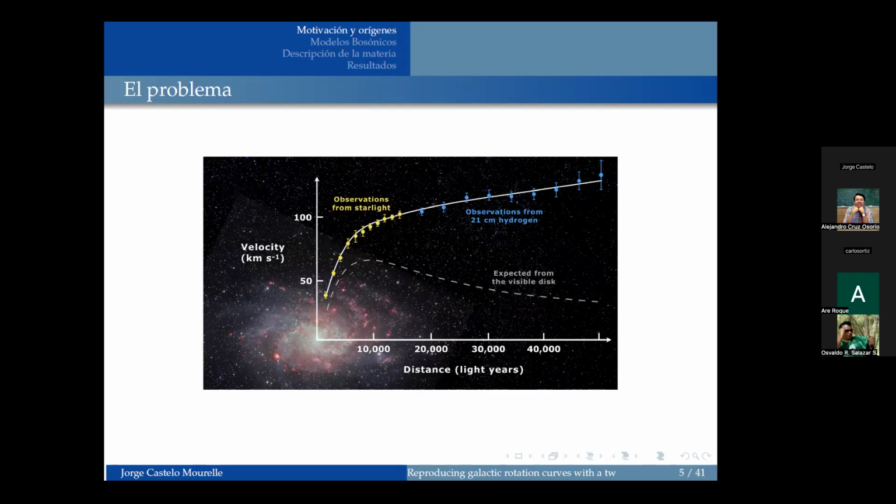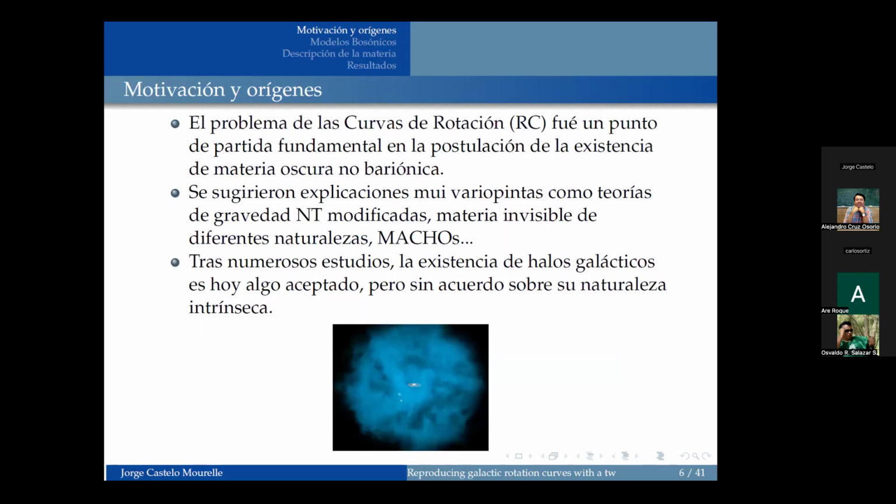If the matter reaches this area, then the rotational curve would decay. But instead, what we have is a flattening of the curves. We have the luminous part described by luminous matter, but the observational data do not decay, and still remain flat. So this was the rotational curve problem that was found, as I said, last century.